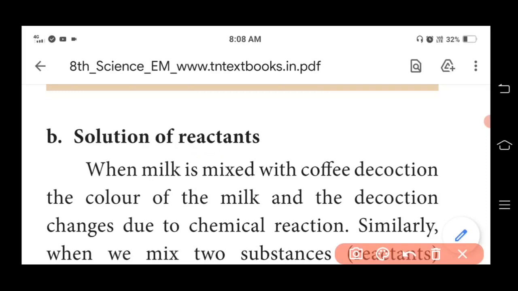Students, when milk is mixed with the coffee decoction, the color of the milk and the decoction changes due to a chemical reaction. We know that milk is white in color and coffee powder is brown in color. So when we mix both together, the color will change.